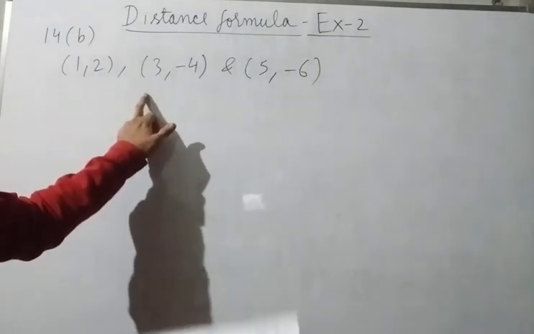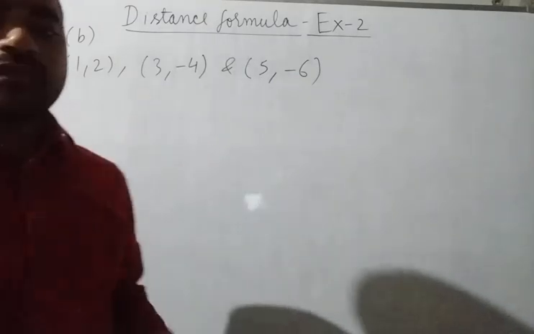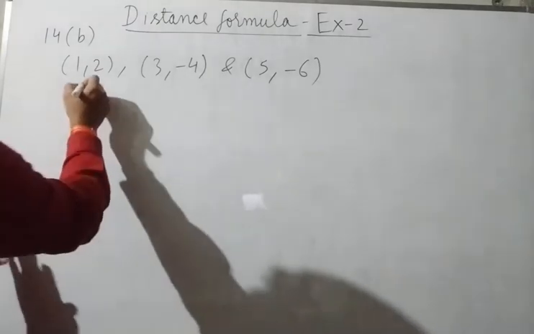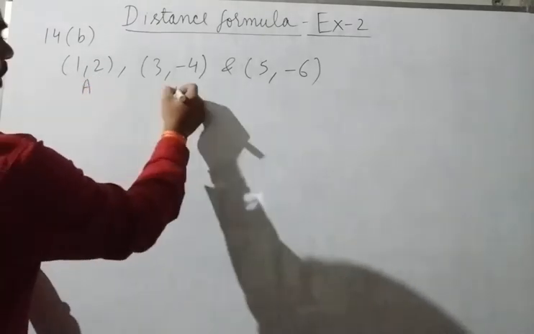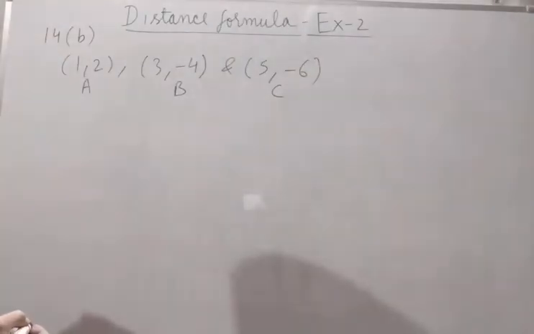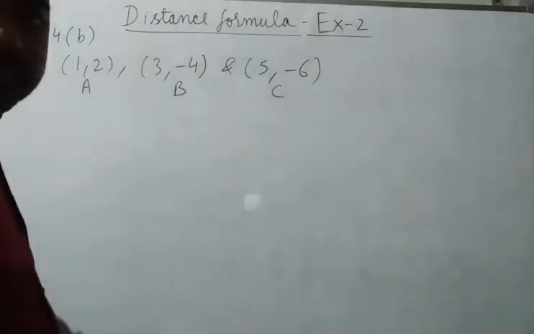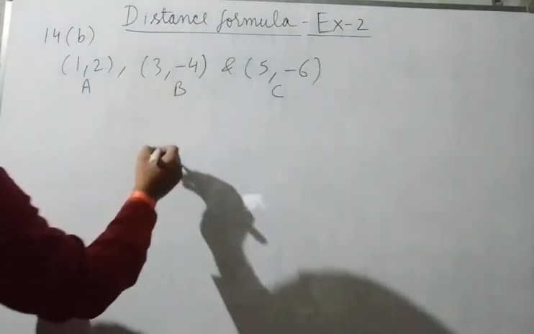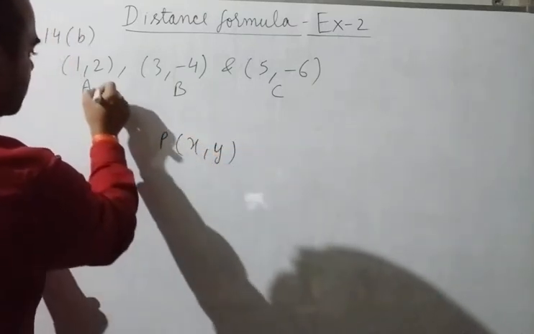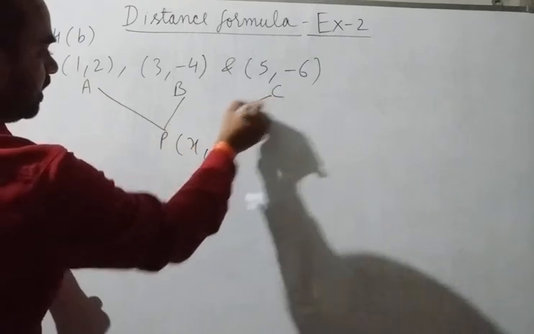Suppose these points are A, B, C, correct? Suppose the point is P, which is equidistant from all the points, like PA, PB and PC.